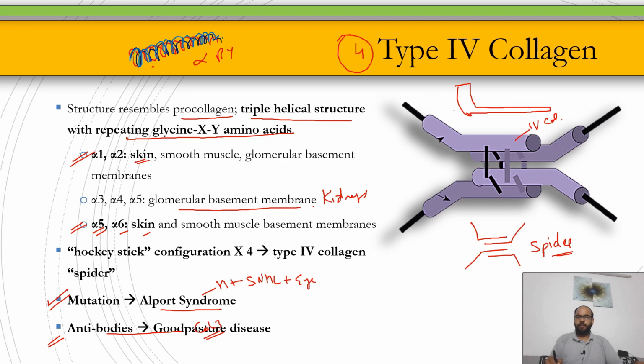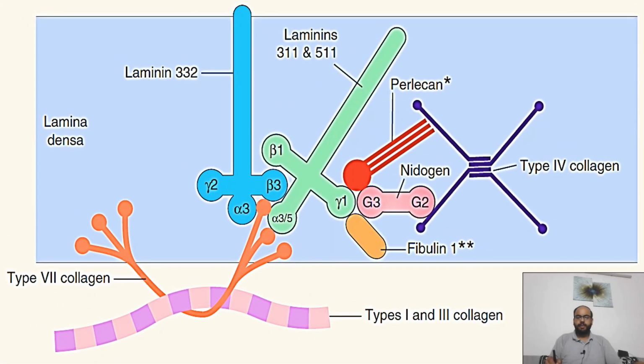Okay, let's move forward. So we have discussed quite in detail the proteins in lamina densa. Here is the laminin 332. At the top of it, it is attached to integrins and bullous pemphigoid antigen 2.